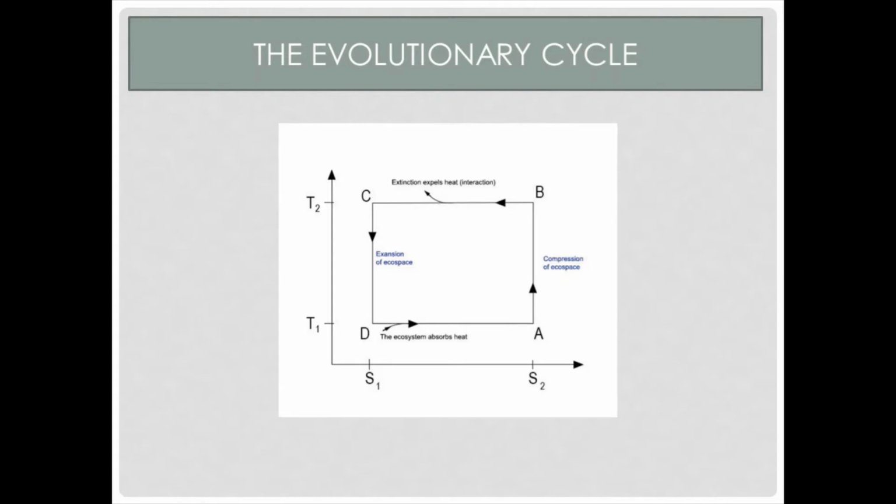In contrast, the AB phase will be chaotic, high entropy, and the competition is fierce because the resources are dwindling, and the population number is high, and this becomes the typical Darwinian evolution, the survival of the fittest.